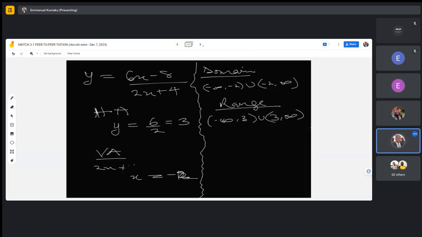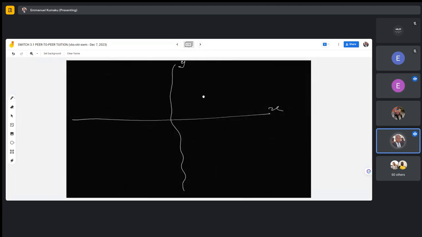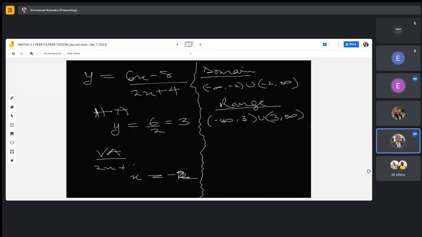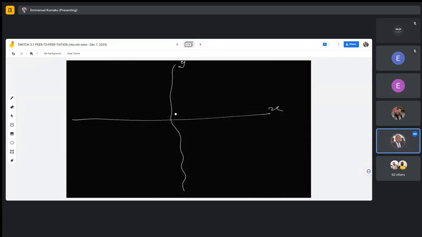So y is equal to 3 for the horizontal asymptote, and negative 2 for the vertical asymptote.